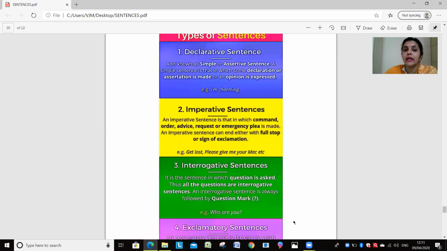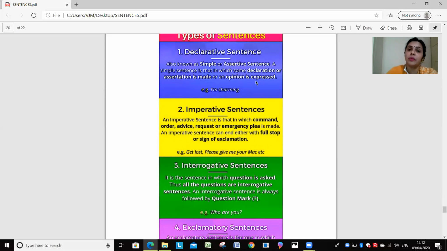Now quickly take a recap of types of sentences. First is declarative. As we all know, declarative or assertive sentences are used to declare things. They are statements. A simple sentence is one in which some declaration or assertion is made, or an opinion is expressed.